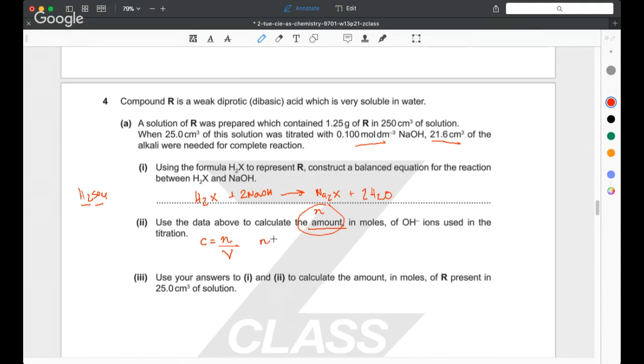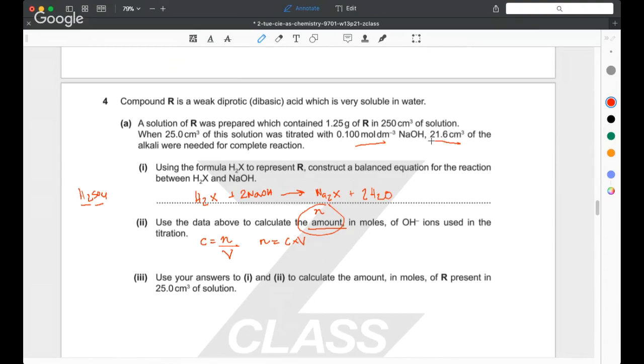If I rearrange that, the amount is equal to the concentration times the volume. The only thing that you have to watch is the volume is expressed in centimeters cubed, but the concentration is expressed in moles per decimeter cubed. So the units for volume aren't consistent.